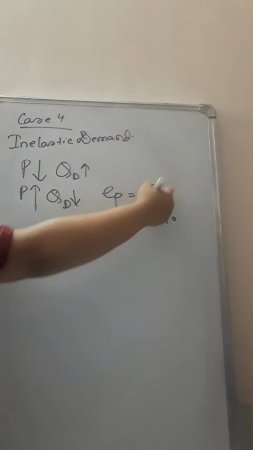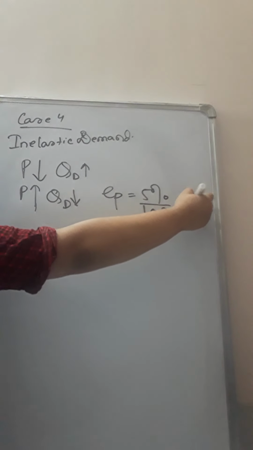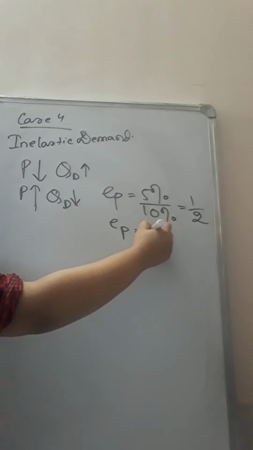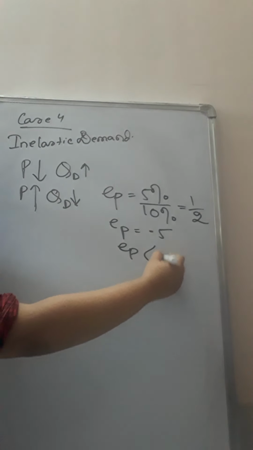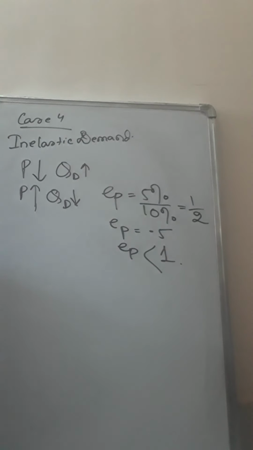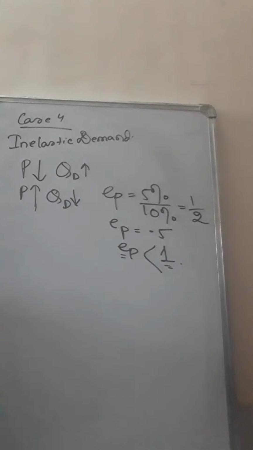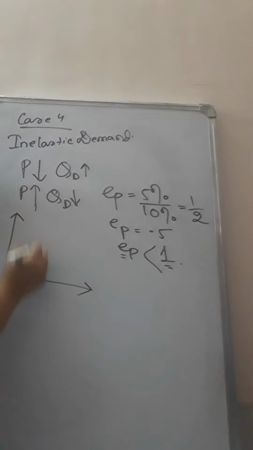So the percentage sign will get removed. 5 twos are 10, so it will be 1 by 2. So EP value is coming 0.5, or we can write in general EP is less than 1. So whenever elasticity is less than 1, it shows that the demand is not stretchable. It is inelastic.